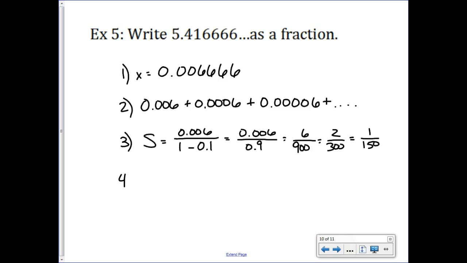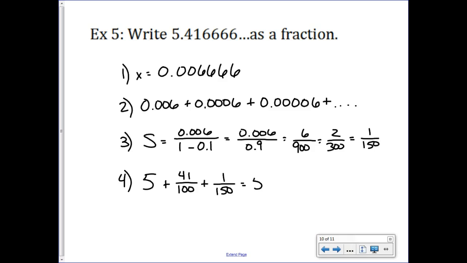So then we need to add on the other stuff. So we had 5, and then we had 0.41, which is 41 hundredths, or 41 over 100. And then we had 1 over 150 was our repeating decimal part. So to get these to have the same denominator, I'd take it back to 300.